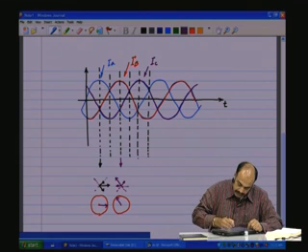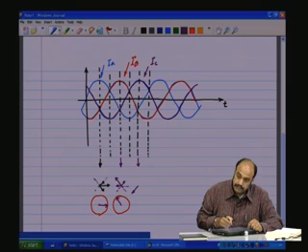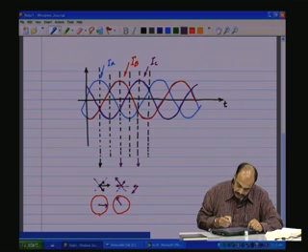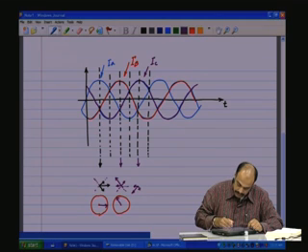And then if we take a point here, now you will see that IC is maximum positive, so you have maximum positive here. IA is negative half, IB is negative half, and that is negative.